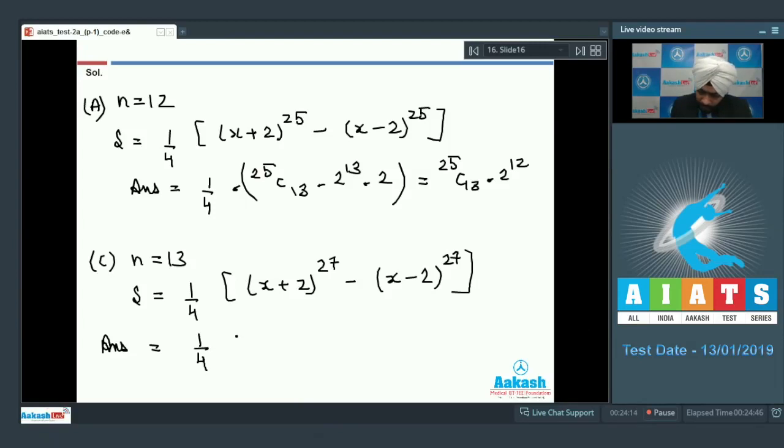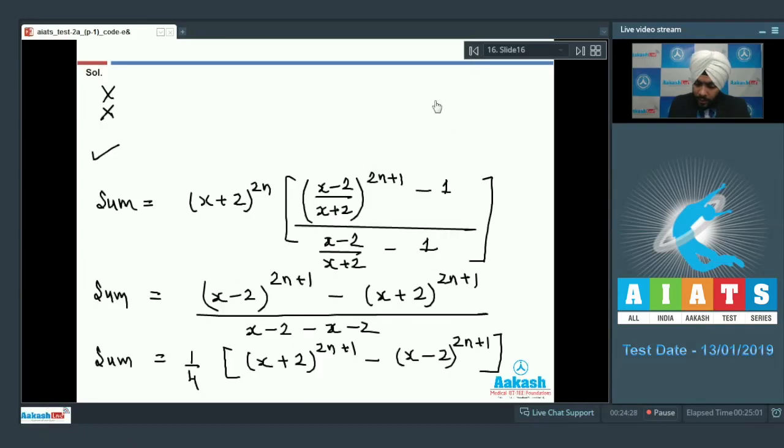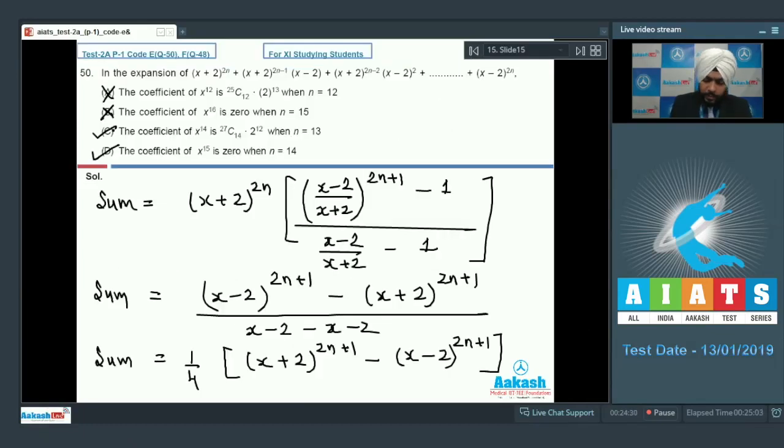So this is 1/4 into 27C13 into 2 raised to power 13 into 2. So that is 27C13 or 27C14 multiplied by 2 power 12. And yes, that is given correctly in option number C, because 27C14 is equal to 27C13. So we have got option number C and D as the final correct answer.